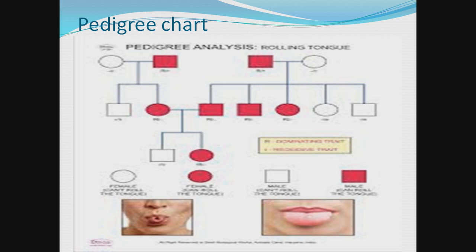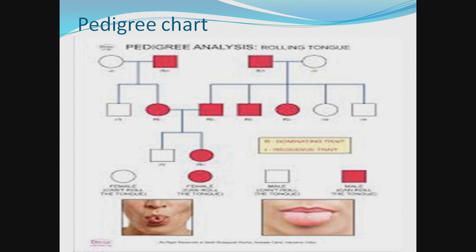So if you take the first chart, these lines are called marriage lines or breeding lines. The first circle is married to an affected male. Because of this, two offsprings were produced, one normal male and another an affected female.